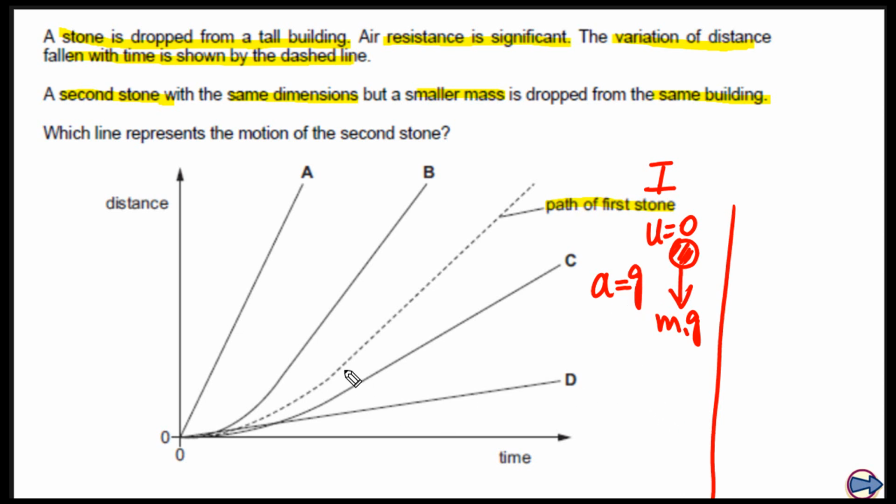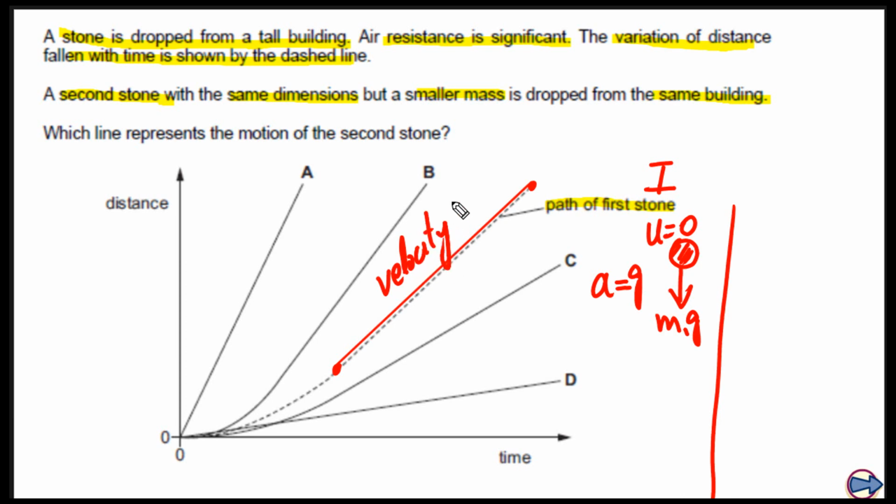But finally, as we can see here, from this point to this point, this is a straight line. So it means its gradient is constant. If the gradient is constant, it simply means the velocity is constant, because the gradient of a displacement-time graph is equal to velocity.